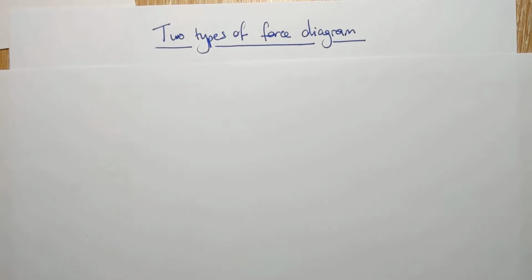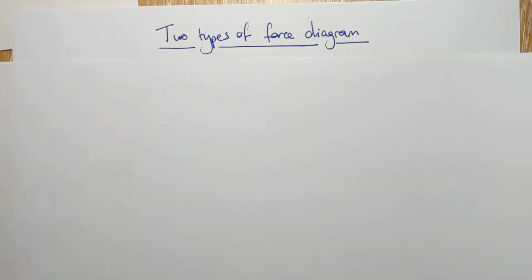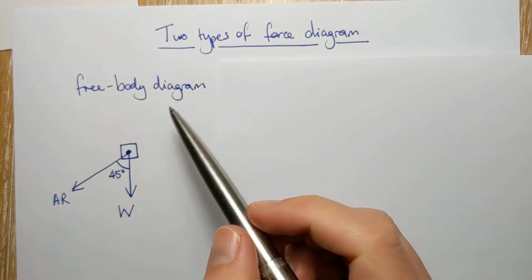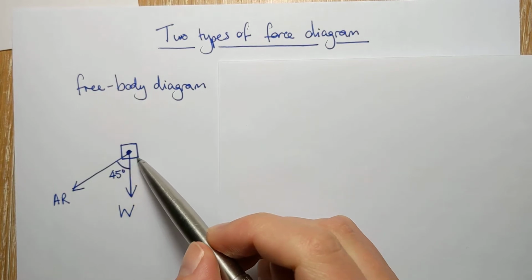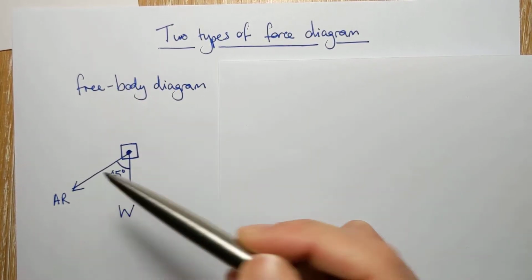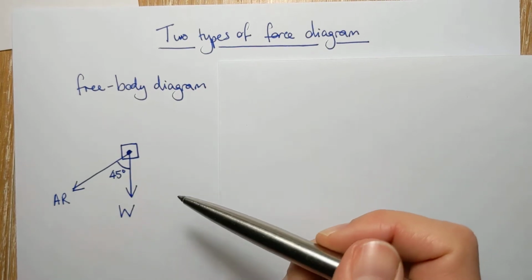We're going to start the forces topic by reminding ourselves that we have two different types of force diagram. The first is a free body diagram, where we represent one object and draw only the forces acting on that object.